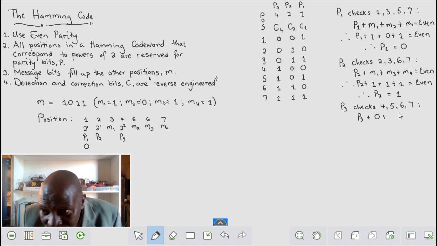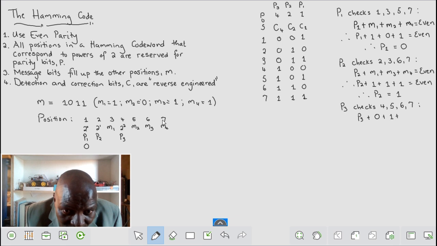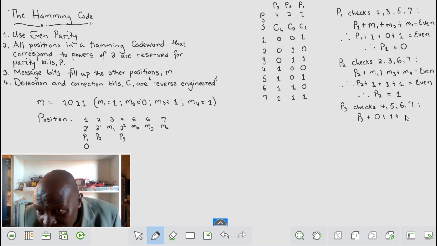M3 is a 1. Plus position 7. Position 7 is M4. M4 is a 1. And what does it tell us? It tells us that this must be not an even sum. Because, why again? The Hamming code uses even parity.